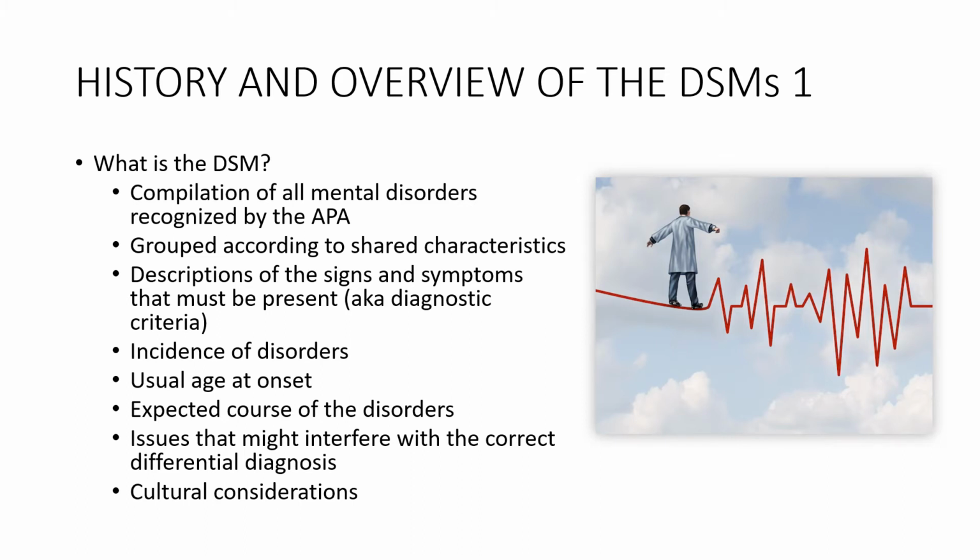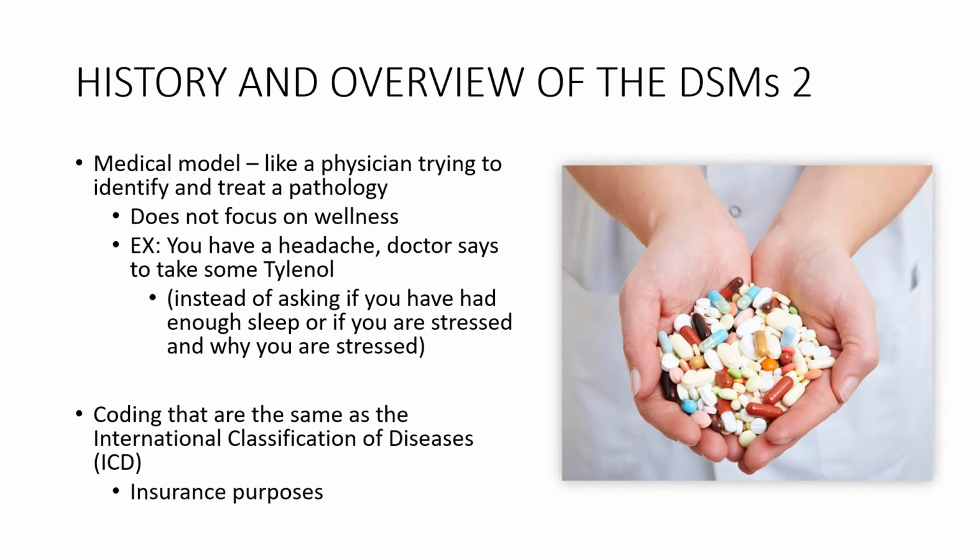Expected course of the disorder, so that means like it might start when they're 16, and what is it going to look like when they're 60, so that we understand the lifespan of this disease or disability along with this person as they get older. Issues that might interfere with the correct differential diagnosis. And then, of course, cultural considerations. So again, this is what the overall DSM is all about.